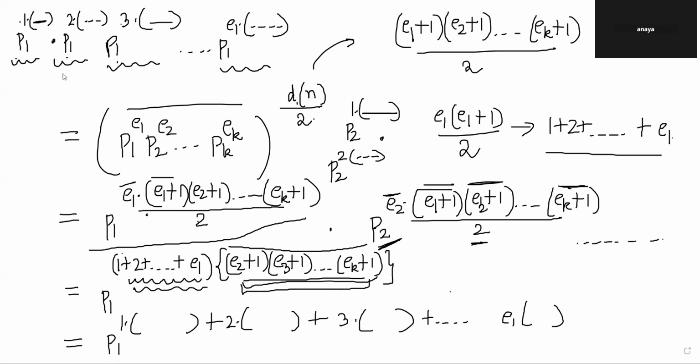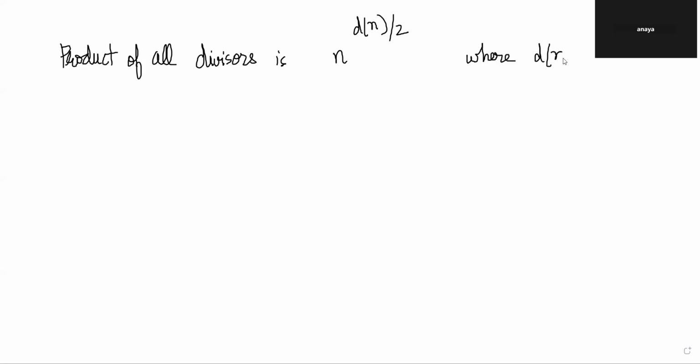The theorem is saying that the product of all divisors is n to the power dn by 2, where dn is the number of divisors.